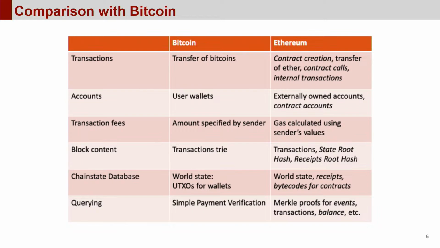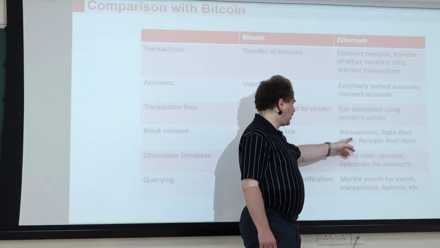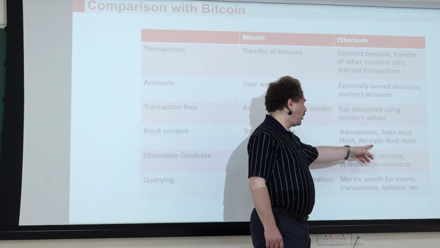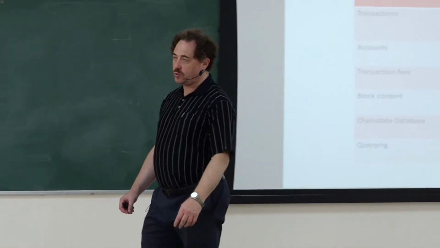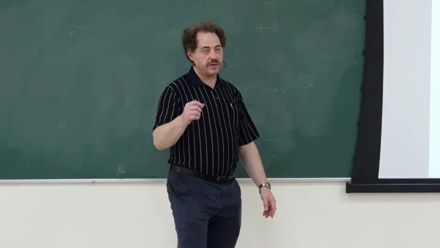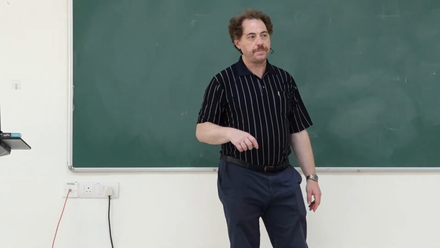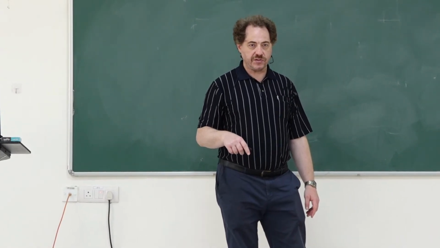In Ethereum, there is a transaction tree, which is pretty much similar to the one in Bitcoin. However, there is also a root hash. There is also a tree for the state, and there is also a tree for the receipts. I'm going to take a dive and speak about both the state and the receipts soon.